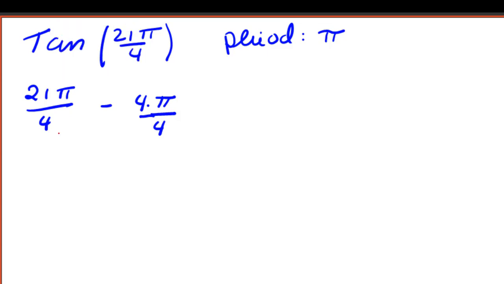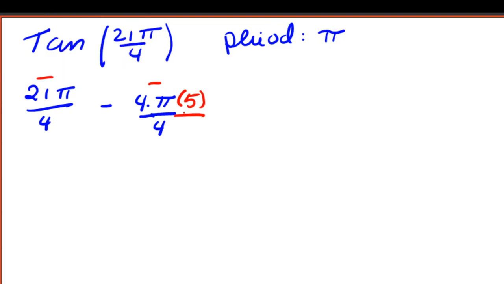By making the denominators equal, I can just concentrate on the numerators. So just like before, I'm going to ask myself the following question. How many times does 4 go into 21? Notice, because pi is the same for both, I'm ignoring the denominator. So how many times is 4 going into 21? The answer is 5 times.